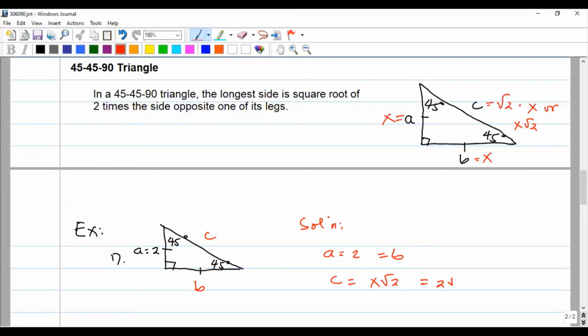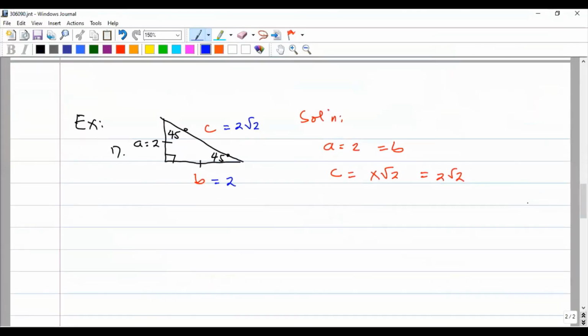So we have 2 square root of 2. Therefore, our B would be 2, and our C would be 2 square root of 2. As easy as that.